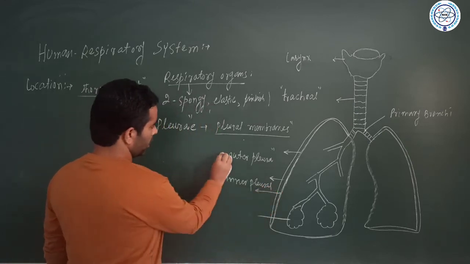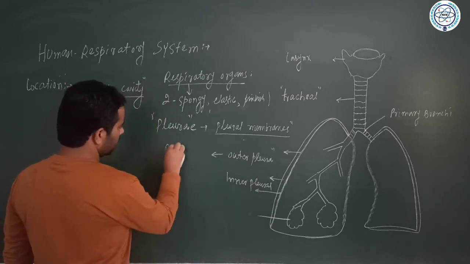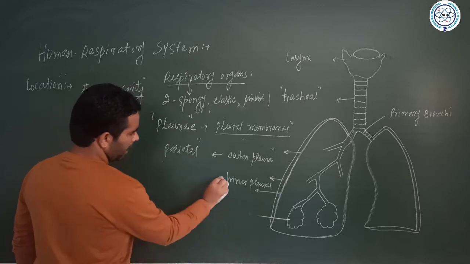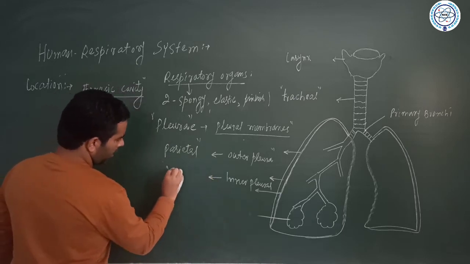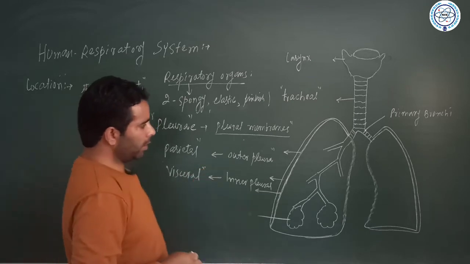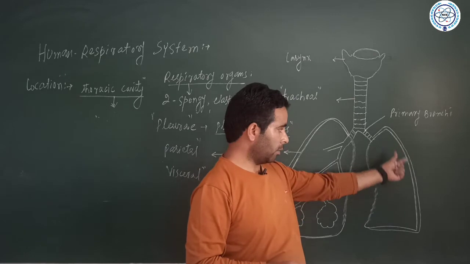The outer pleural membrane is also known as the parietal pleural membrane, and the inner is known as the visceral pleural membrane.